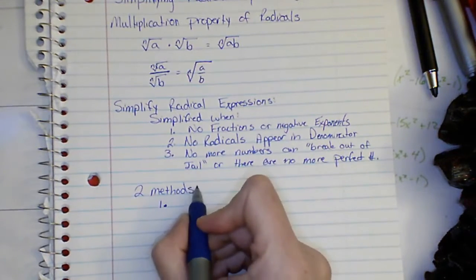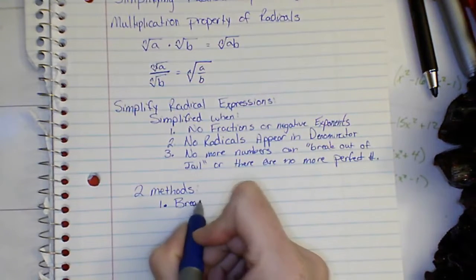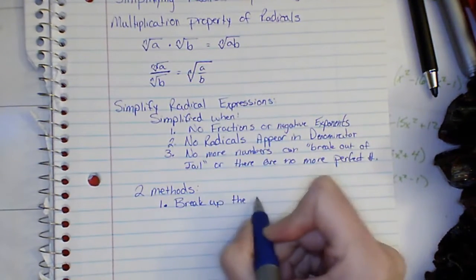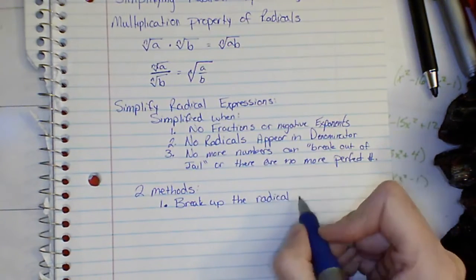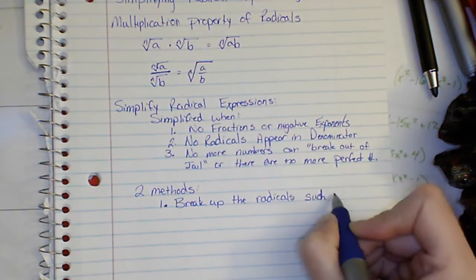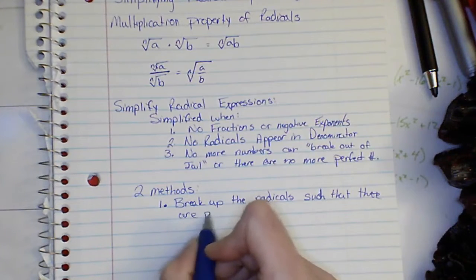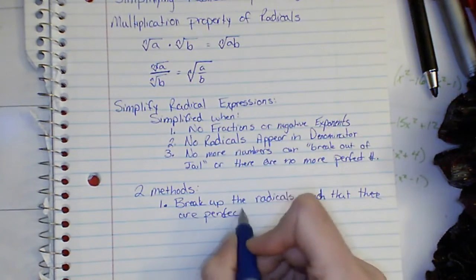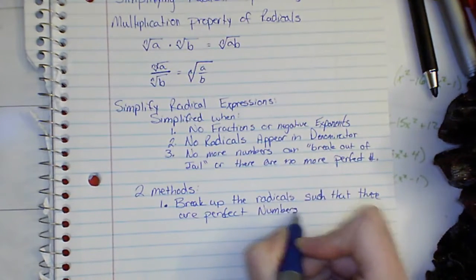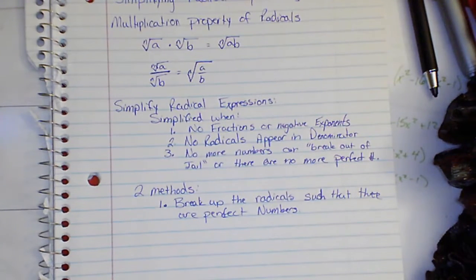The first method is breaking up the radical, or in this case factoring the radicals, such that there are perfect numbers under the radical to simplify, and the rest of it is already simplified, like square root of 3 cannot be simplified any further.